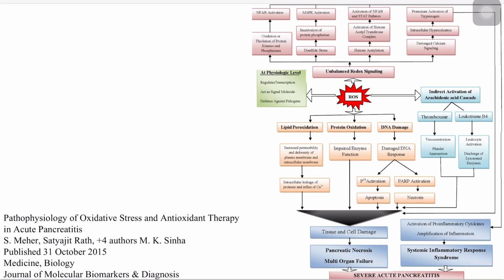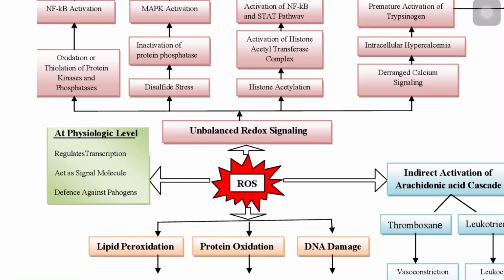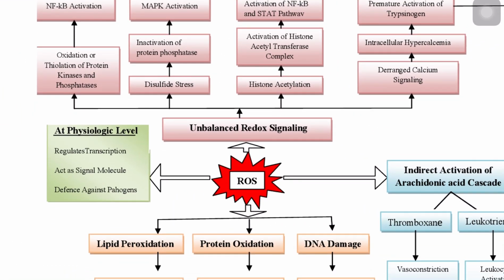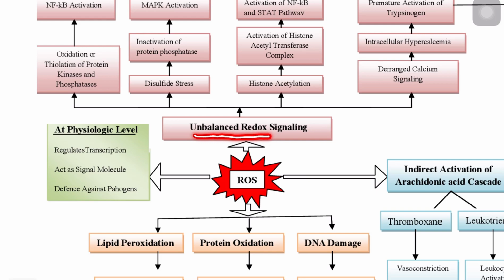We can see all together, but it's a little hard, but we can manage it. The first one starts with ROS. As you see here, ROS can start unbalanced redox signal.